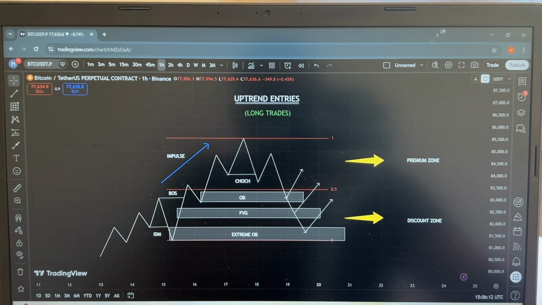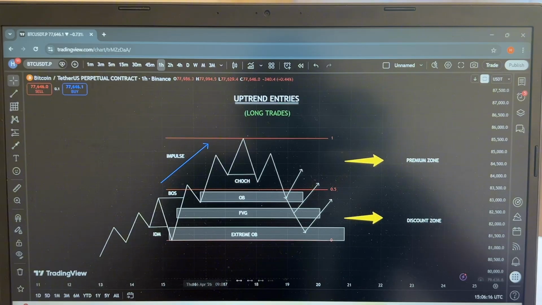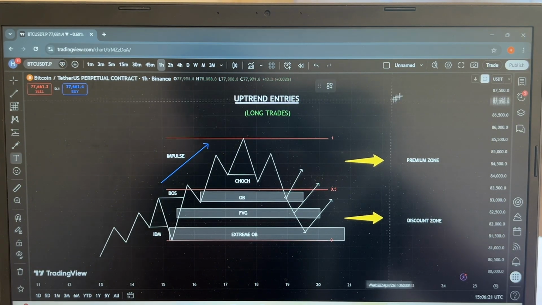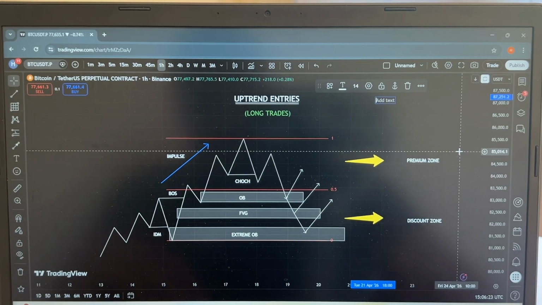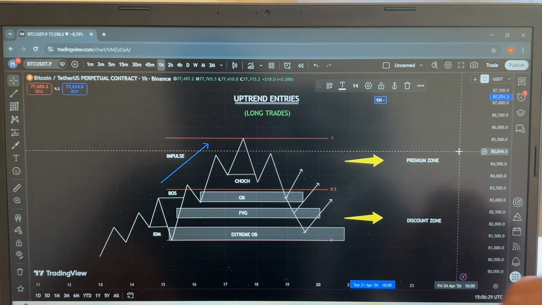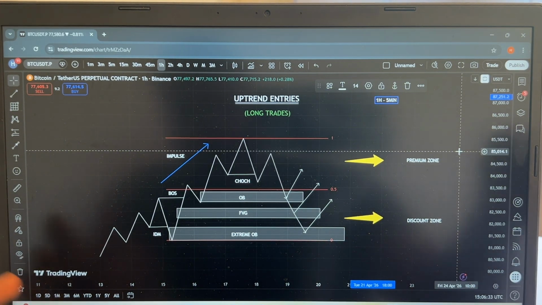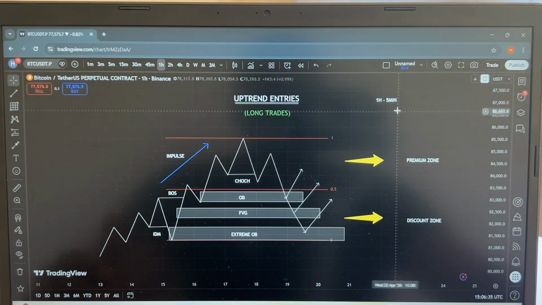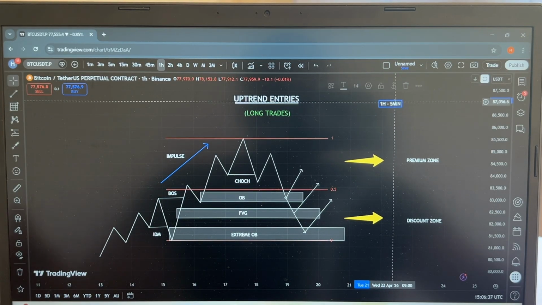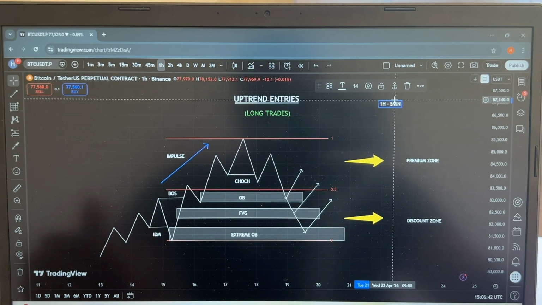So let's say this market structure, this technical analysis is drawn in the 1 hour time frame. Then the confirmation is checked in 5 minutes. Just keep that in mind for now. I'll give you guys a more detailed version of this in a bit.